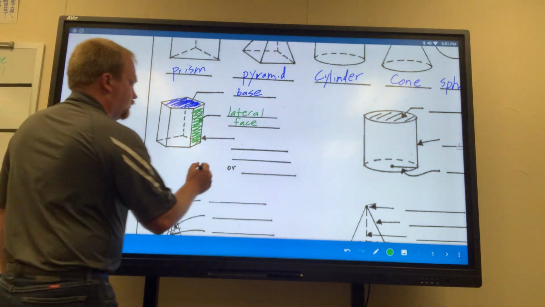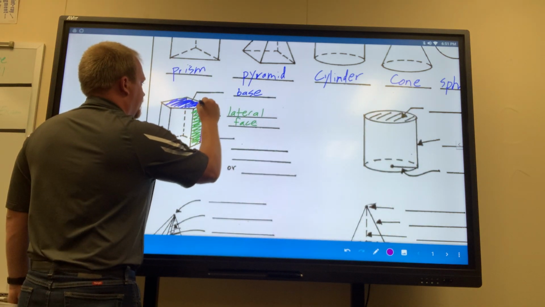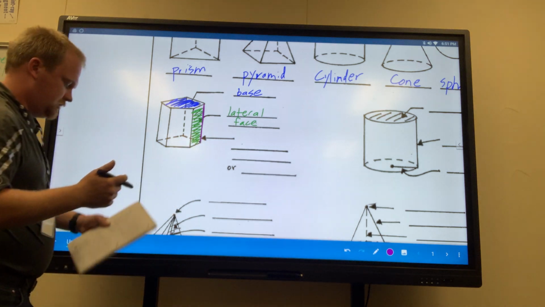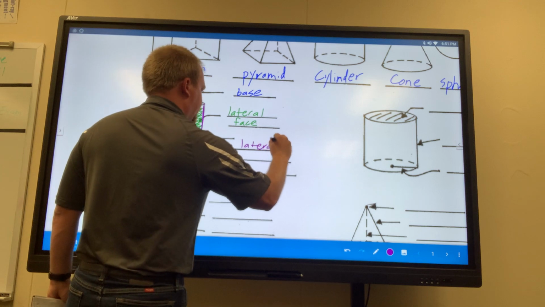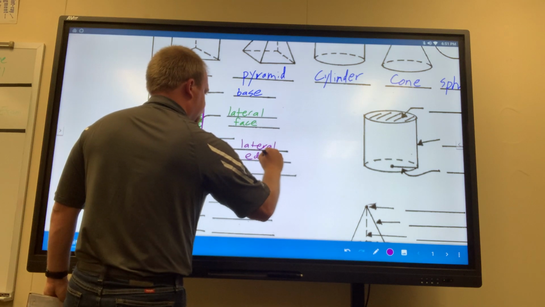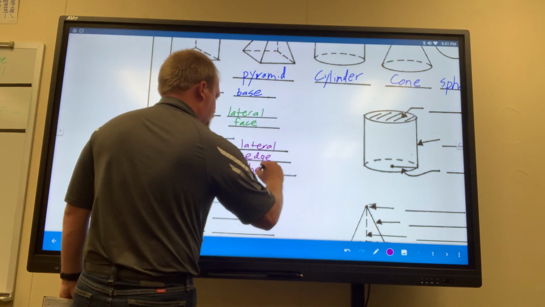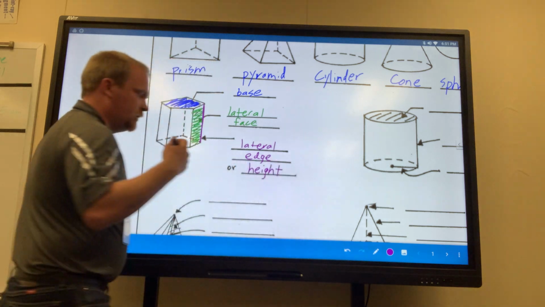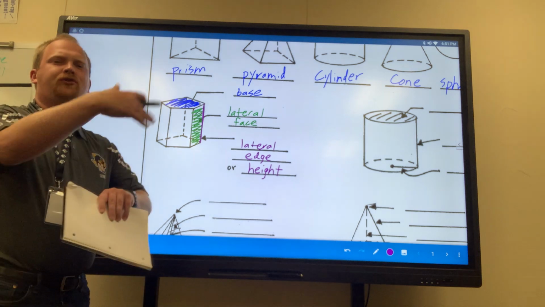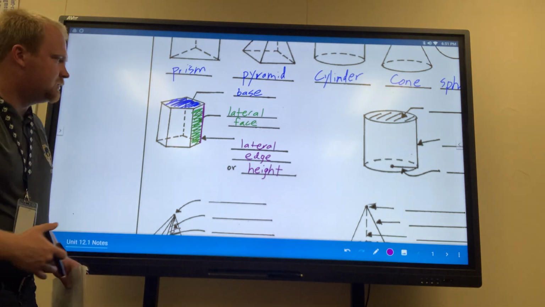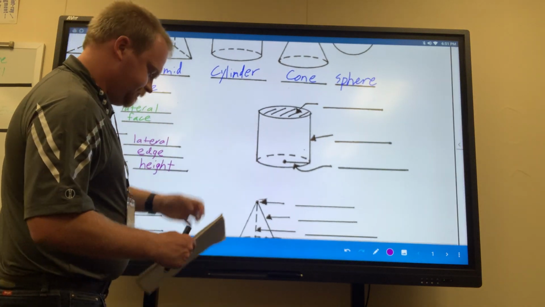Next, we're looking at this line right here, this edge. It is an edge, but it has a particular name called a lateral edge. Another way of describing it would be height. That's how you normally describe that lateral edge. You basically call it a height because of how tall it stands. Now, next we're going to look at a cylinder.